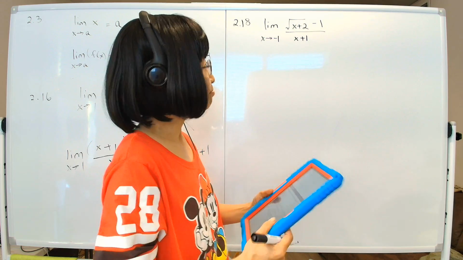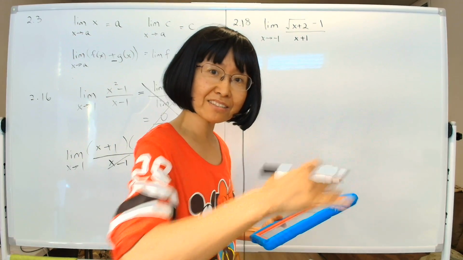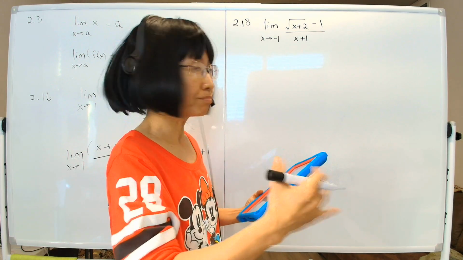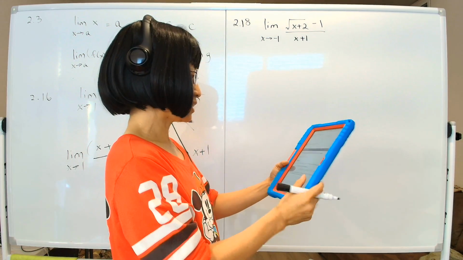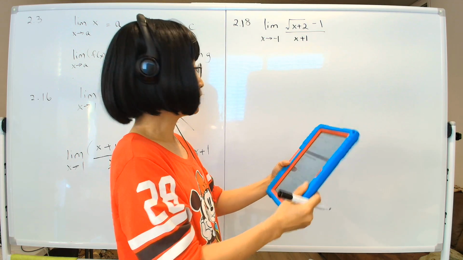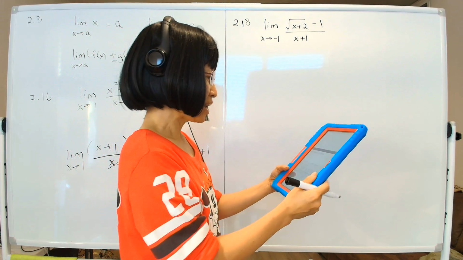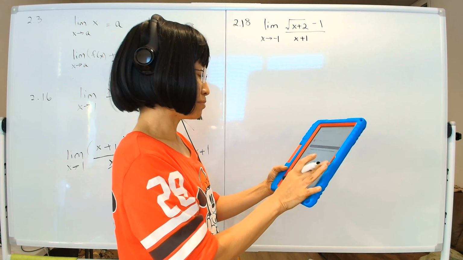But no worries. The way you get around it is you factor and then cancel out the 0 part somehow. So let's see, how do you factor this thing? In terms of radicals, there's a different trick that you pretty much have to memorize.